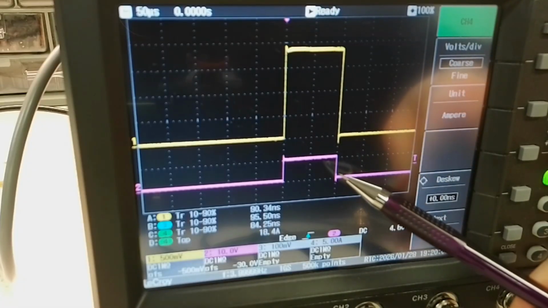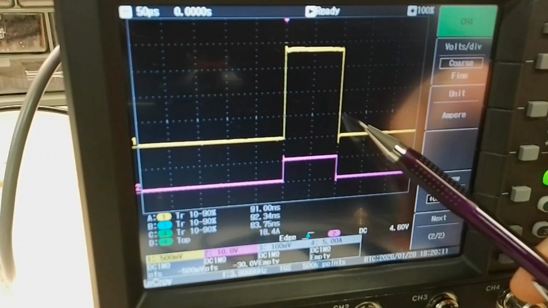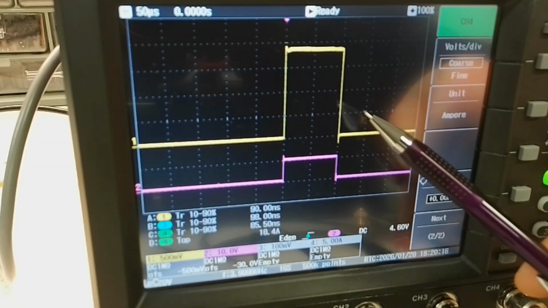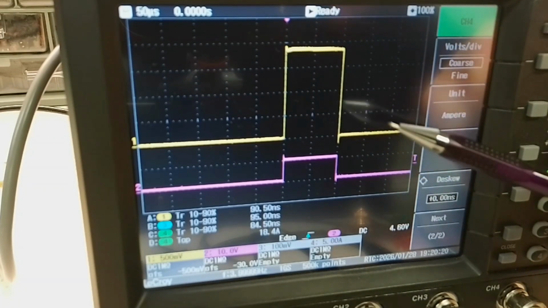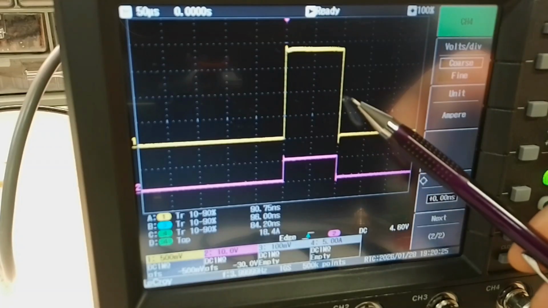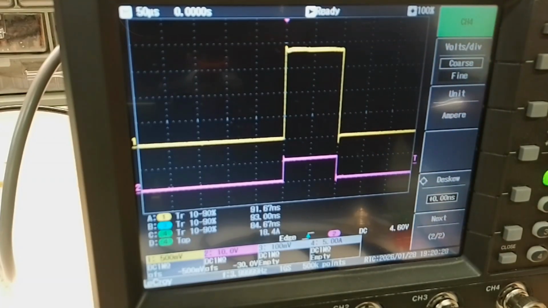Here we have control voltage, and this one yellow line is current measured by the fast shunt. It is 5 amps per div, 5, 10, 15, a little bit less than 20 amps.